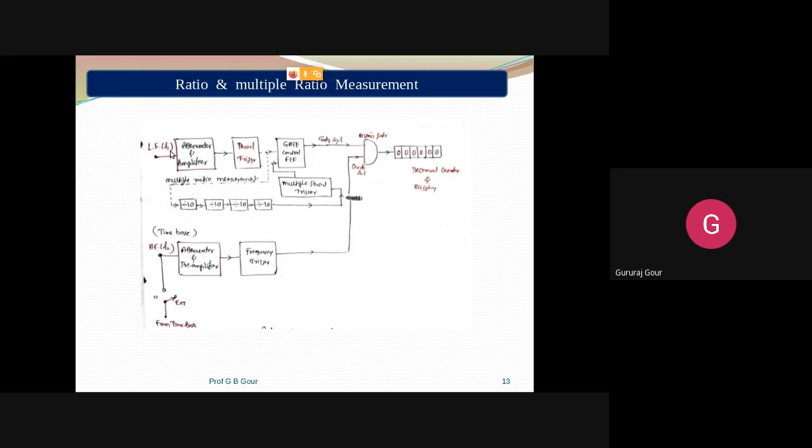The low frequency signal comes with some delay as the gate signal. Means for the entire time period of this low frequency signal, how many high frequency pulses will be transmitted, counted and displayed. That is the ratio of F1 to F2 or F2 to F1 as usual.